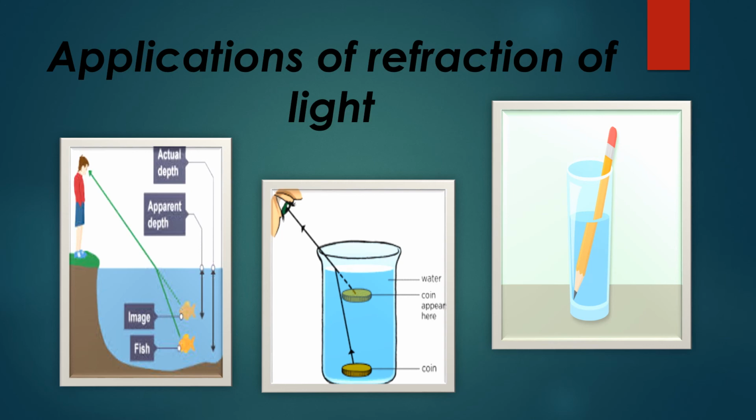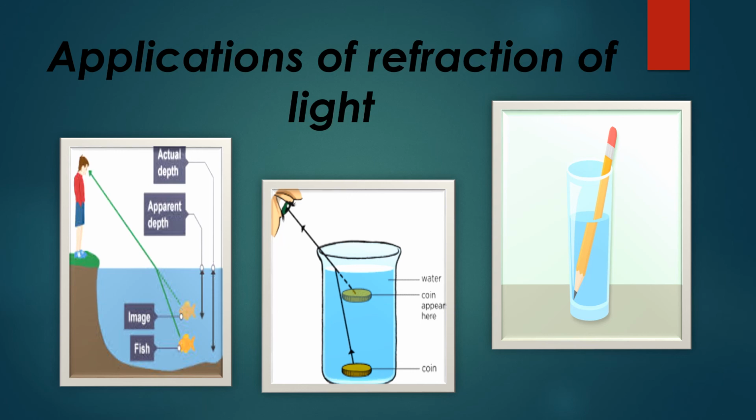Have you ever looked over a fish tank and saw that the fish seems near to you? This is because light rays bend away from the normal as they leave the water and enter the air and into your eyes.